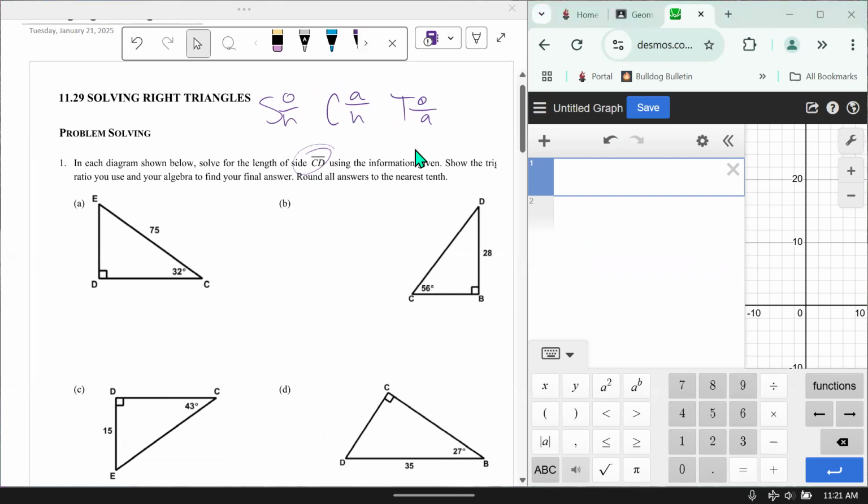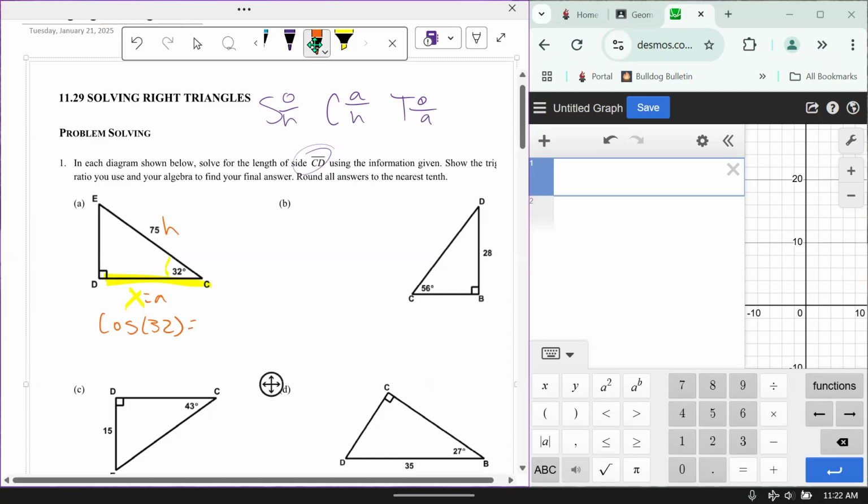Okay. TOA. So first thing you want to do is find your CD. Here's our CD right there. Okay. 32 is our reference angle. So we would have, this is adjacent. Okay. And this is our hypotenuse. Adjacent hypotenuse would be cosine of 32 equals adjacent x over 75.